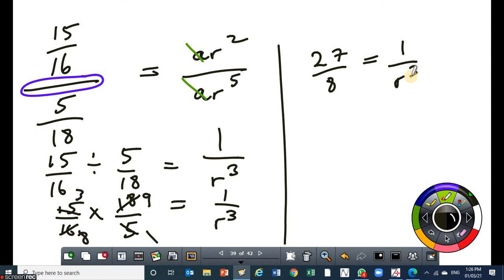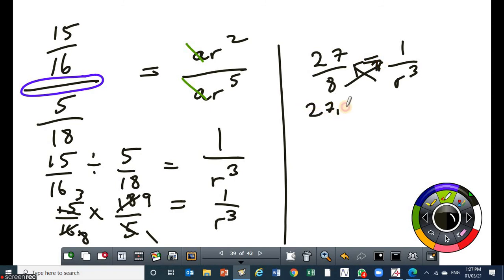Now, when you get there, I hope you are aware that you can swap the denominators and the numerators. You know that, or you can cross multiply. If you think you can get confused, then cross multiply. But you can also swap these 2 and swap those 2. If you don't want to do that, then cross multiply.